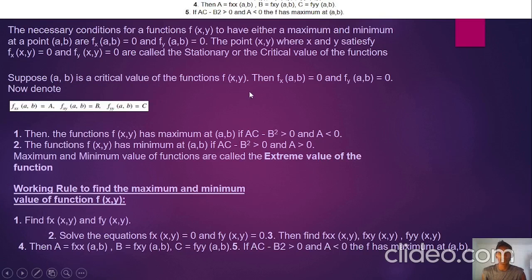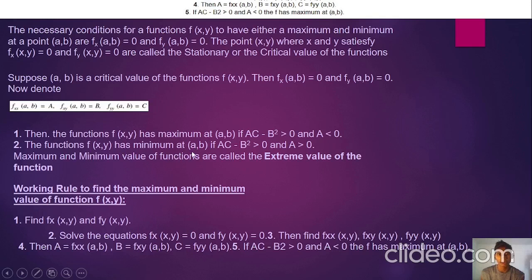Suppose (a,b) is a critical point of the function f(x,y), then f_x(a,b) is equal to 0 and f_y(a,b) is equal to 0, as given here. Then the function f(x,y) has a maximum at (a,b) if AC minus B square is greater than 0 and A is less than 0. The function has a minimum at (a,b) if AC minus B square is greater than 0 and A is greater than 0.